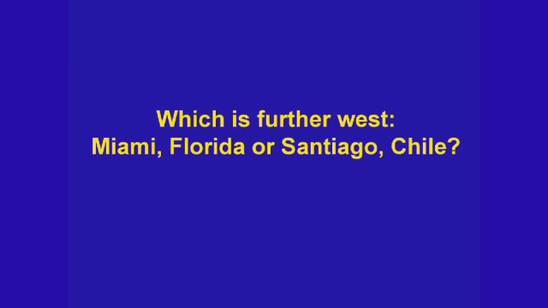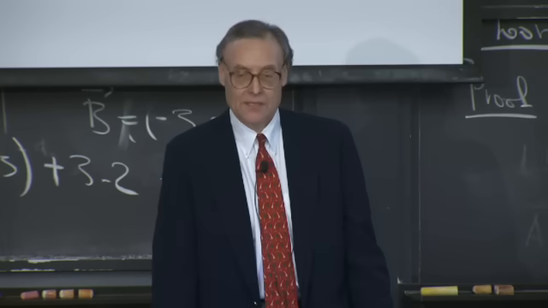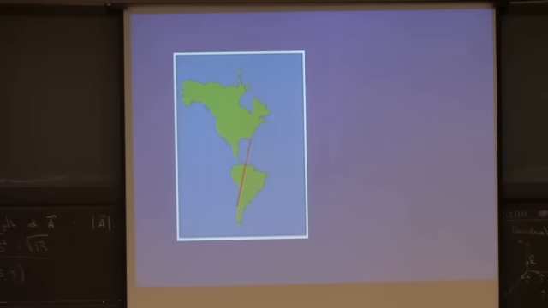Which is further west? Miami, Florida, which sits all the way towards the Atlantic Ocean, or Santiago, Chile, which sits towards the Pacific Ocean? Most people have a mental map that North America and South America are kind of lined up like that. And so you say, well, Miami is farther east and Santiago is farther west.